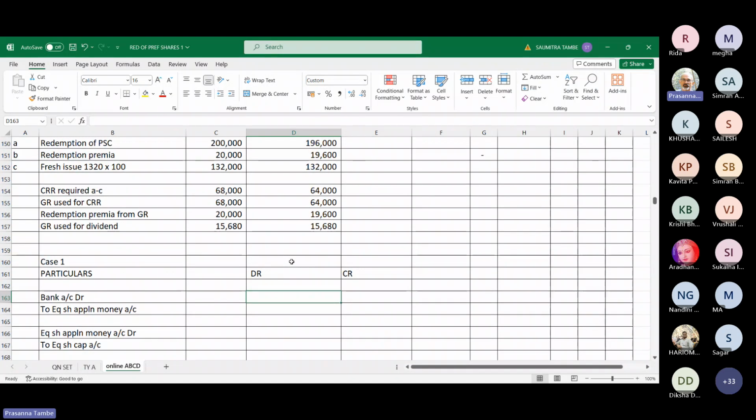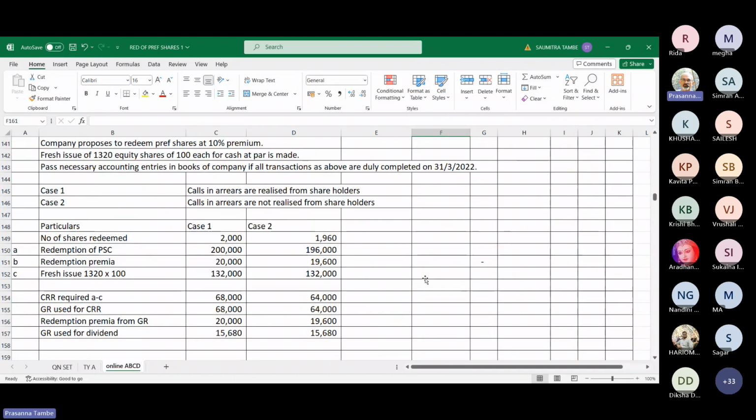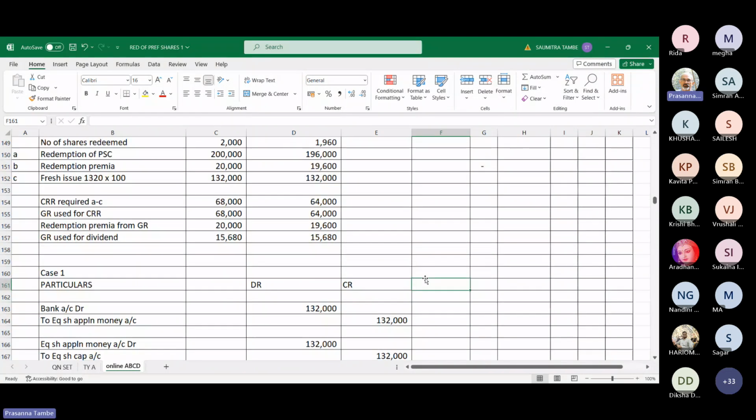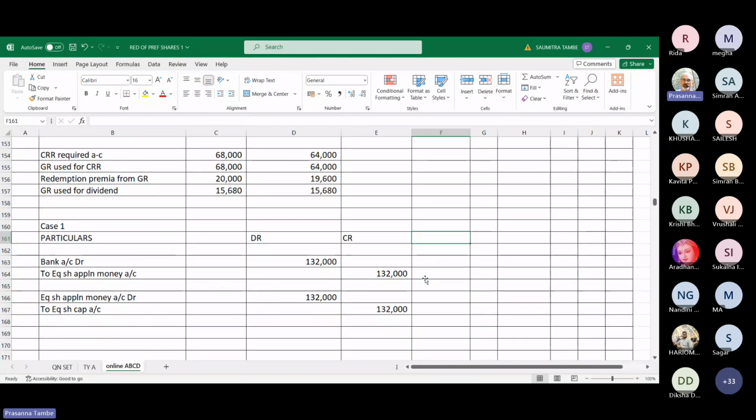The amount of fresh issue is 1,32,000. So fresh issue of 1,320 equity shares of 100 each for cash at par. So fresh issue is taken care of.